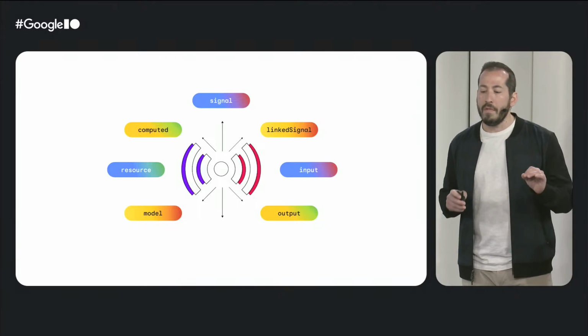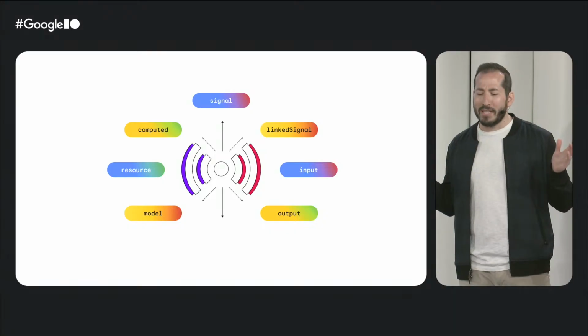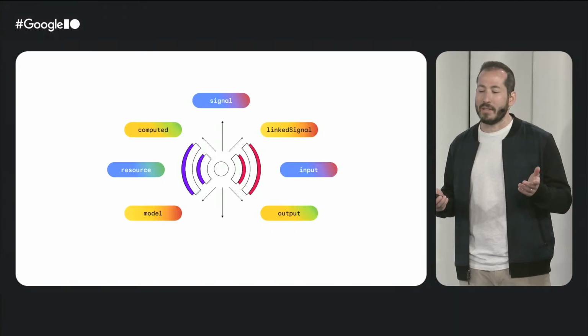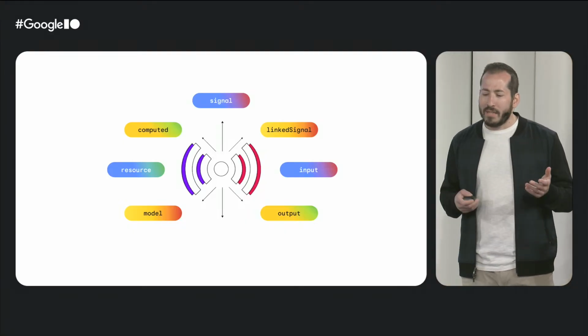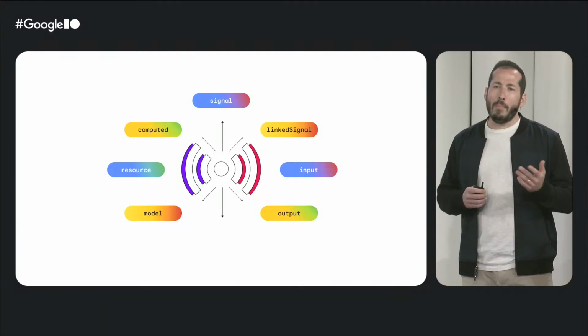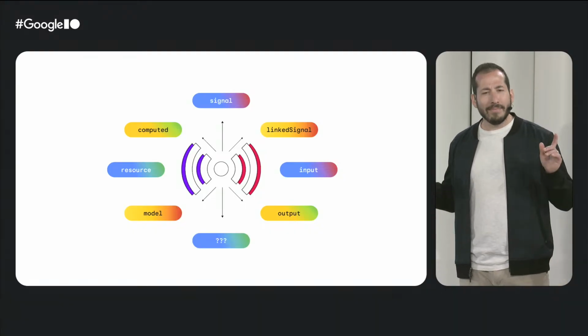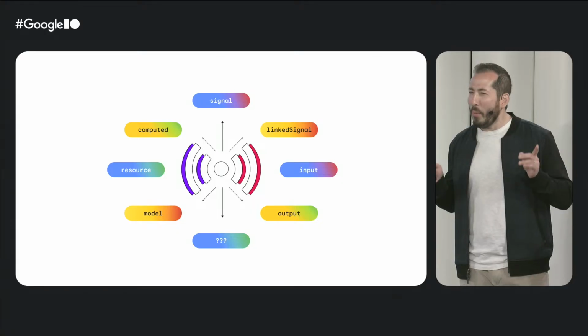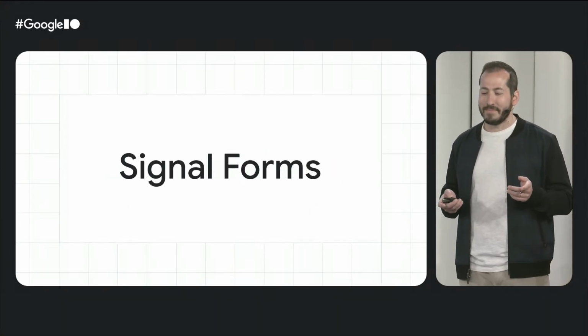Near term, we're focused on delivering one of the community's most highly requested features to enhance the signal ecosystem. So, in addition to the signal types I've already talked about today, we've also released more signals like input, output, model, and more. And yet, there's still one piece of the puzzle that's missing that I'm excited to share with you today.